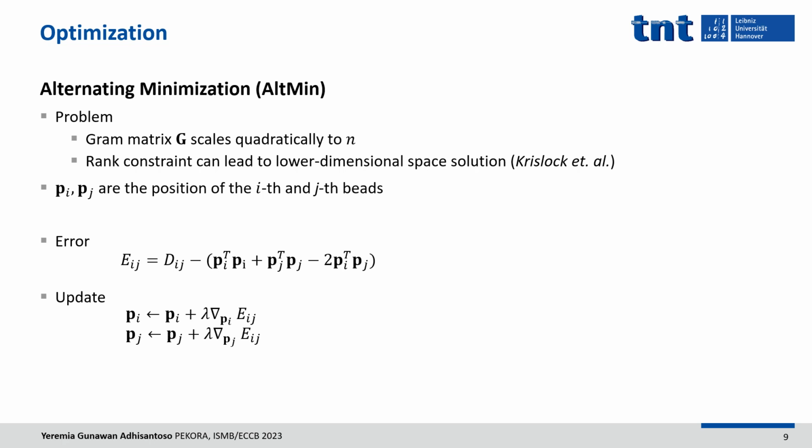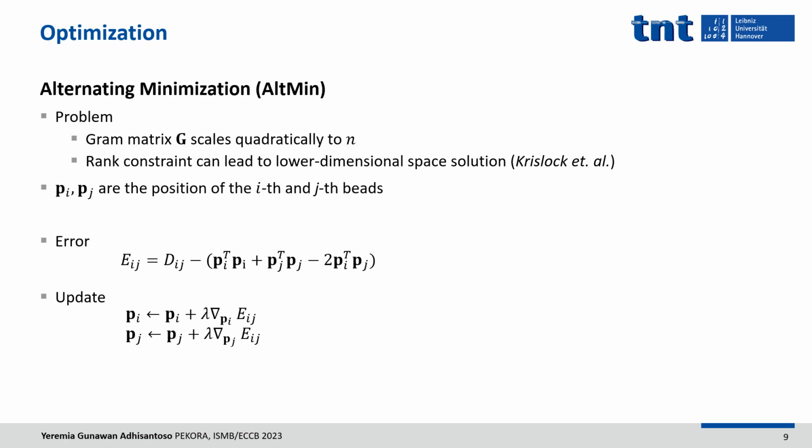data. Here, for example, we have the position of the loci, pi for the ith loci, and pj for the jth loci. When we compute the error, we take the difference between our observed and the predicted Euclidean distance.